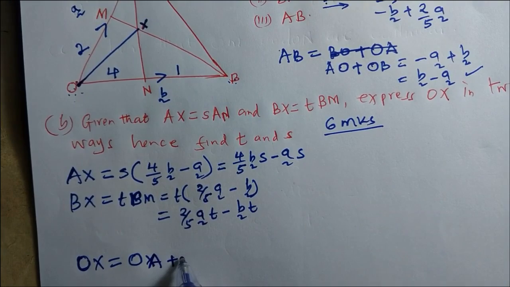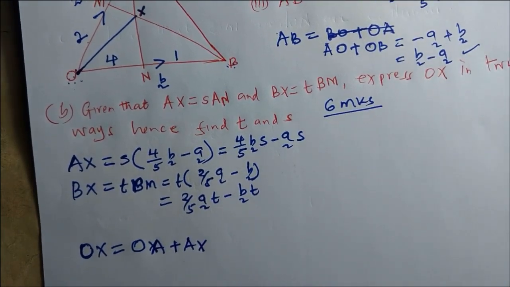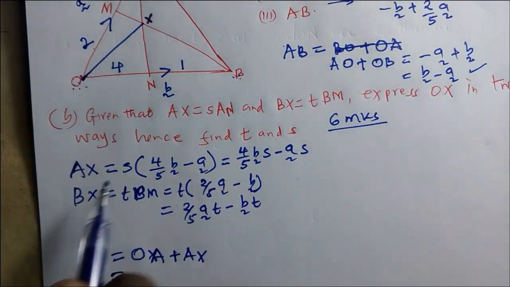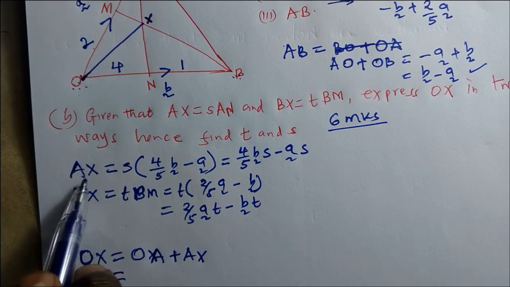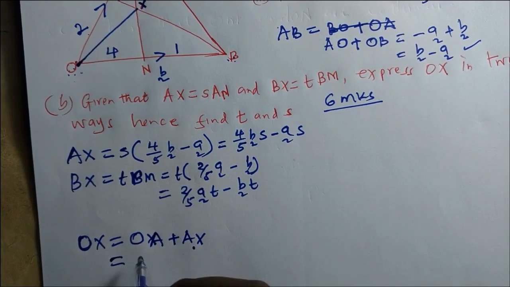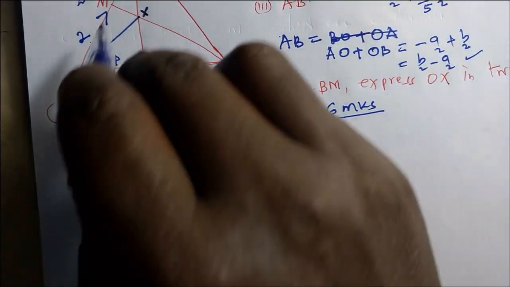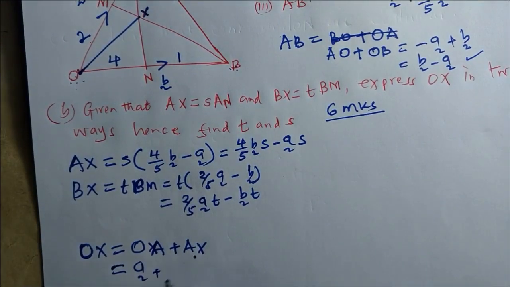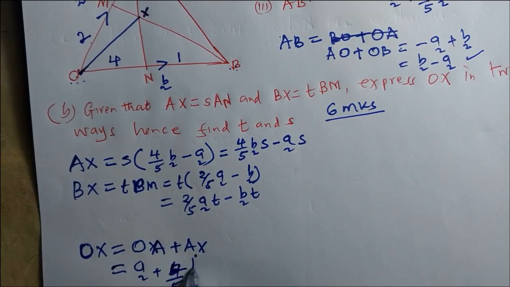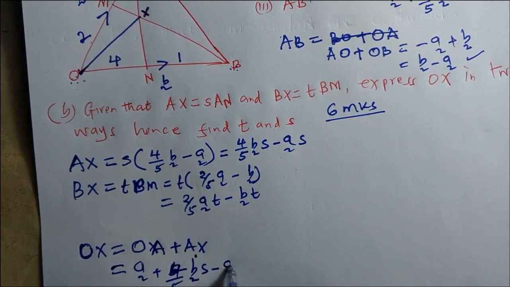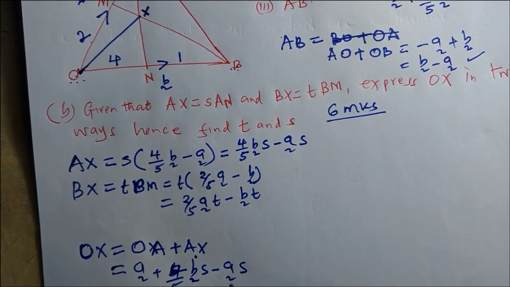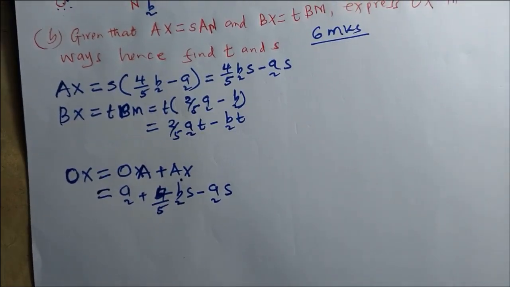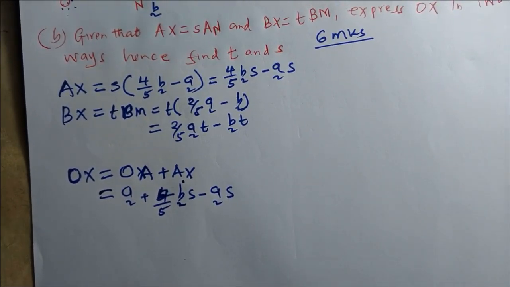OX is equal to OA plus AX. You make sure you go to the direction that contains these values we have obtained here, AX. We need to use that. So this one is OA. OA we know is A plus AX, but we have AX here, which is 4 over 5 BS minus AS. That's one way of expressing OX.